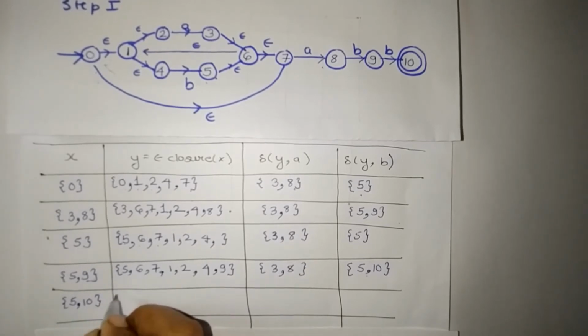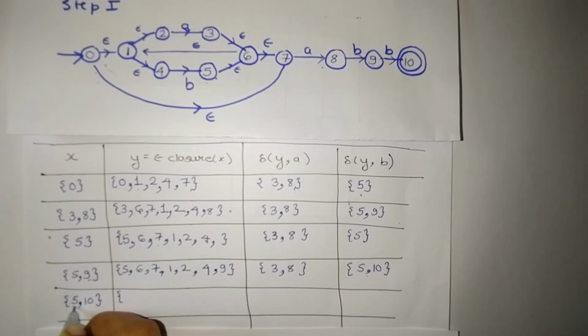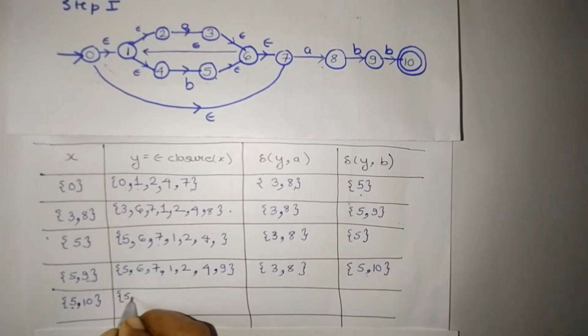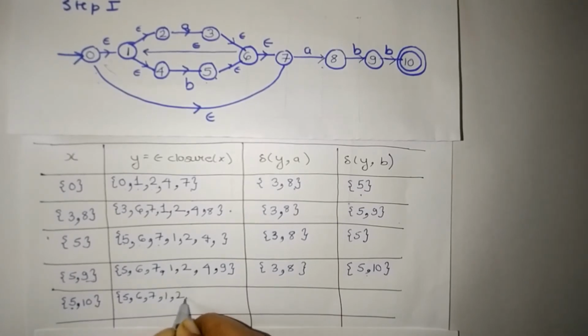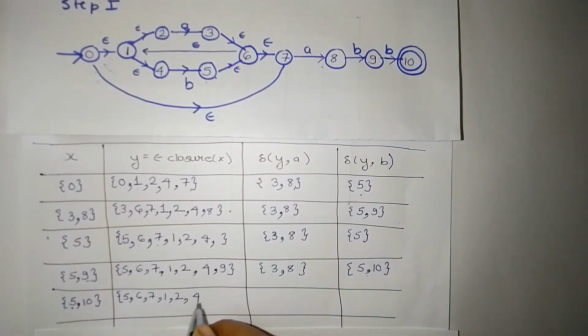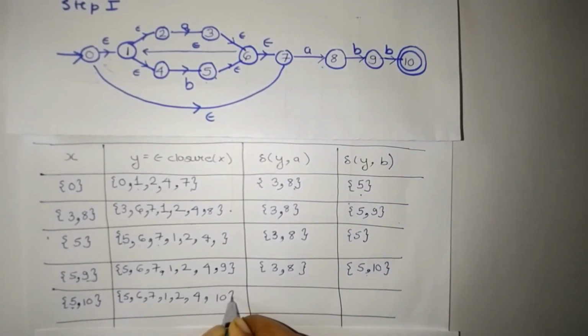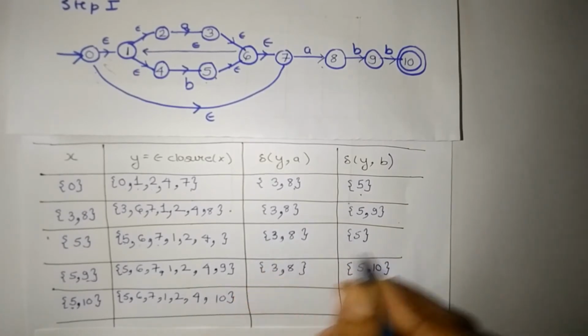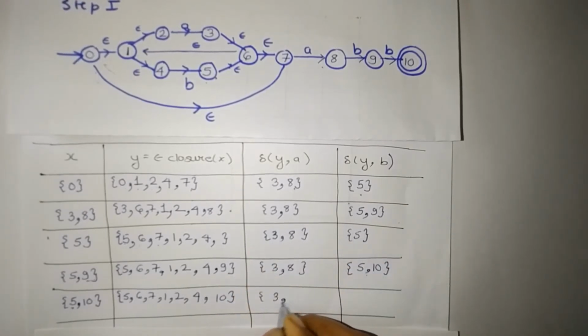Now again, we already have the epsilon closure of 5, so we will repeat it, that is 5, 6, 7, 1, 2 and 4. What about 10? Is there any epsilon reachability from 10? No, so we will include that state itself, that is 10. Again we can repeat this, that is 3 and 8.